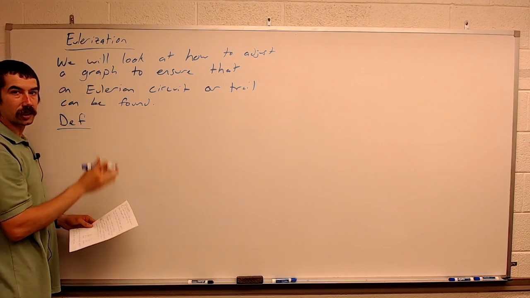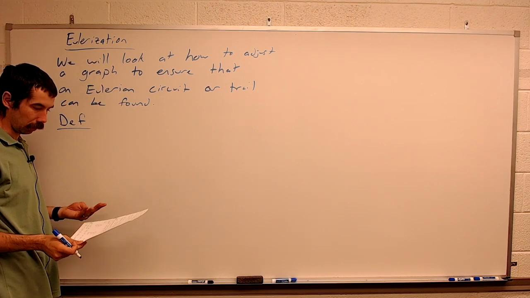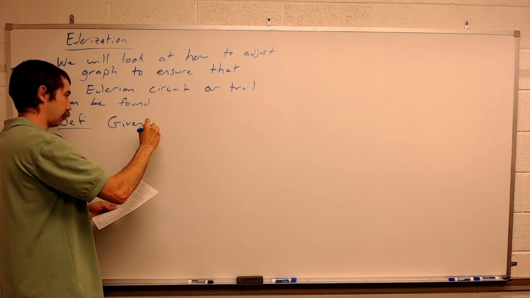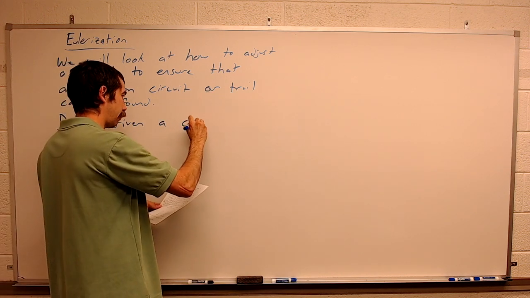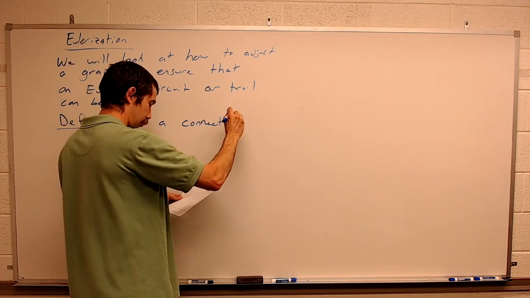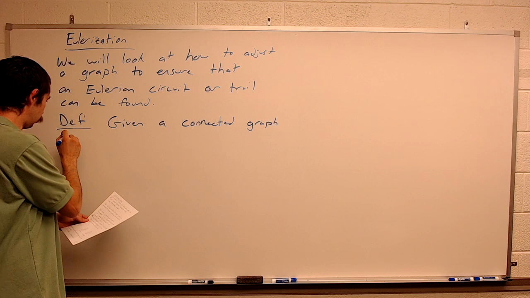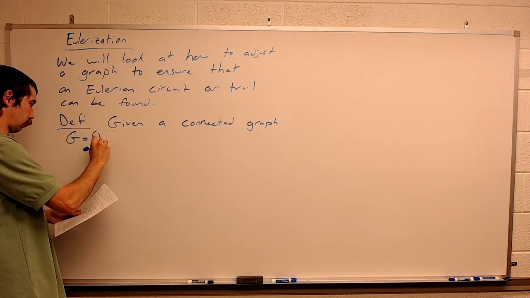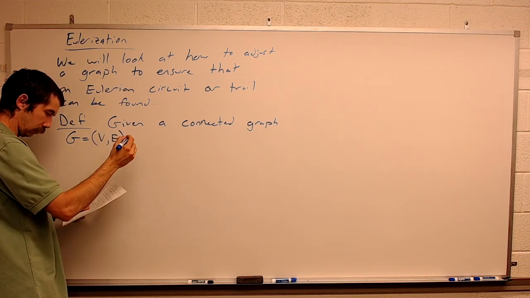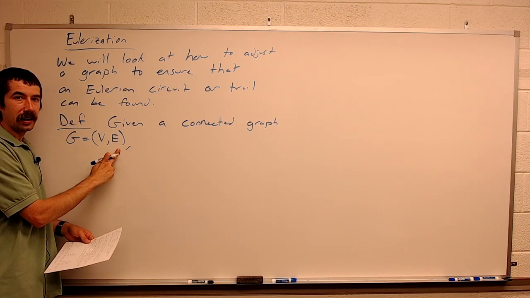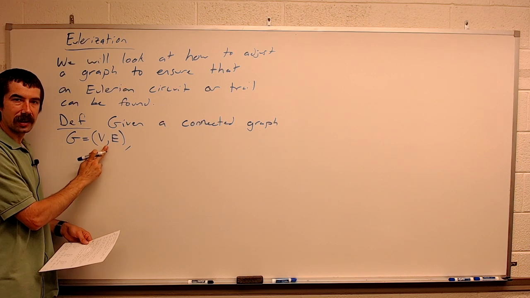All right, so this section is called Eulerization, so let's define what Eulerization is. Given a connected graph, G equals (V, E), this notation is just saying we have a graph with some vertices and some edges.